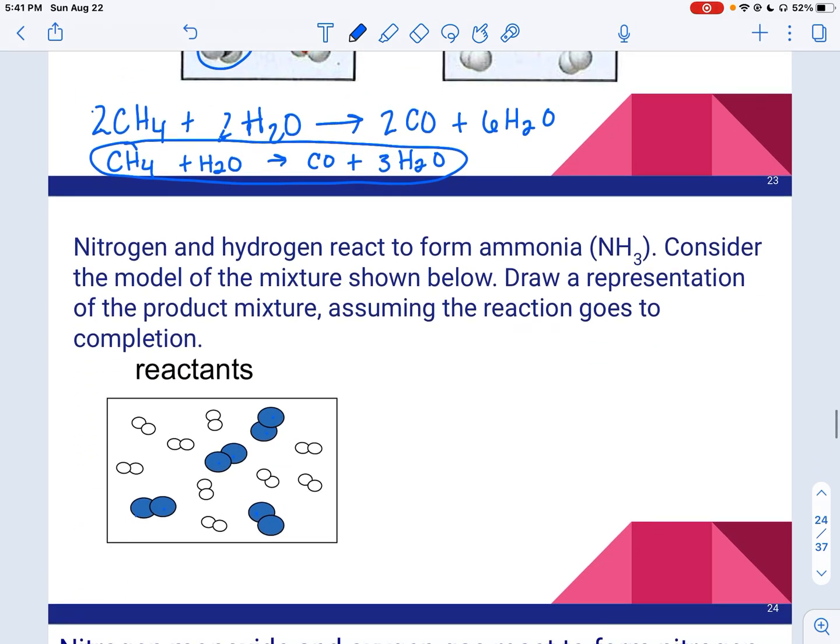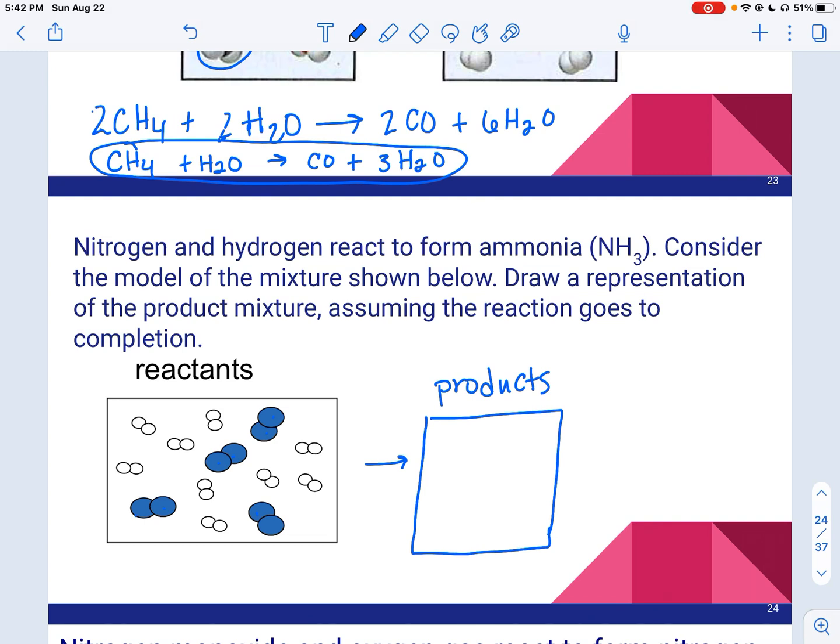All right, so for this one, you are given the reactants, but you're not given the products. So the question is asking you to draw the products. So nitrogen and hydrogen react to form ammonia.